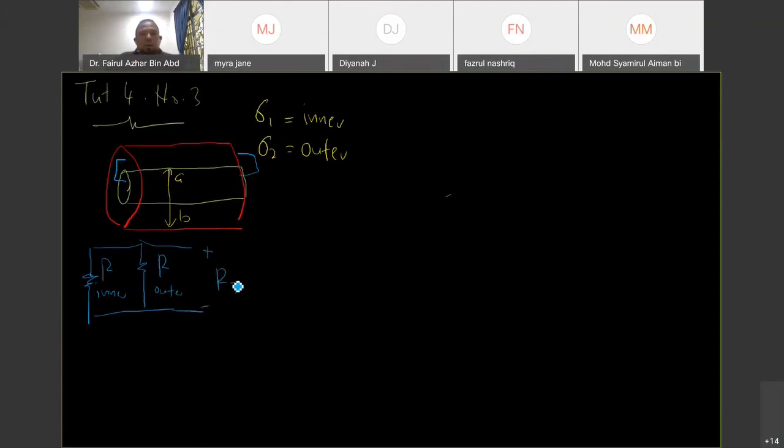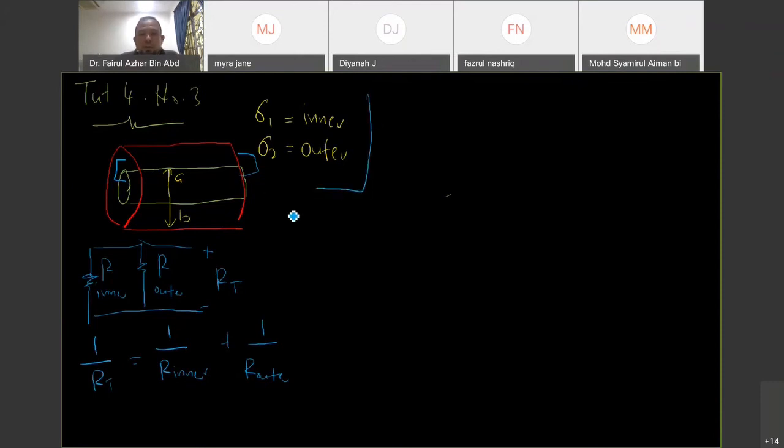To calculate the total resistance, we use this formula: 1 over R_T is equal to 1 over R inner plus 1 over R outer. Then we need to develop the expression for both resistances.